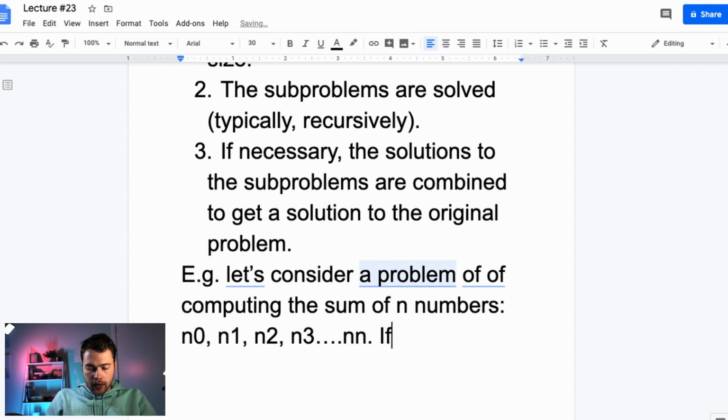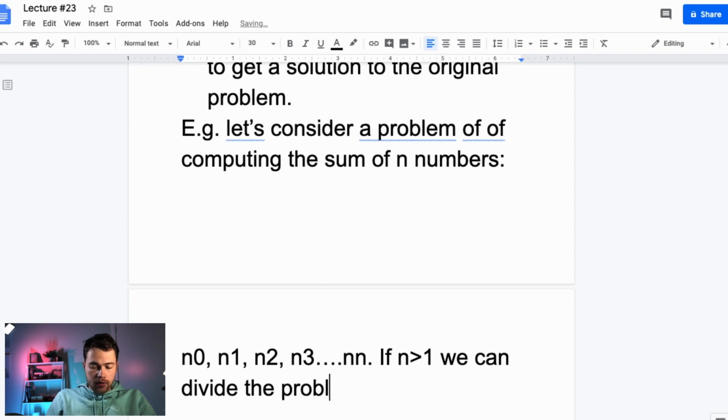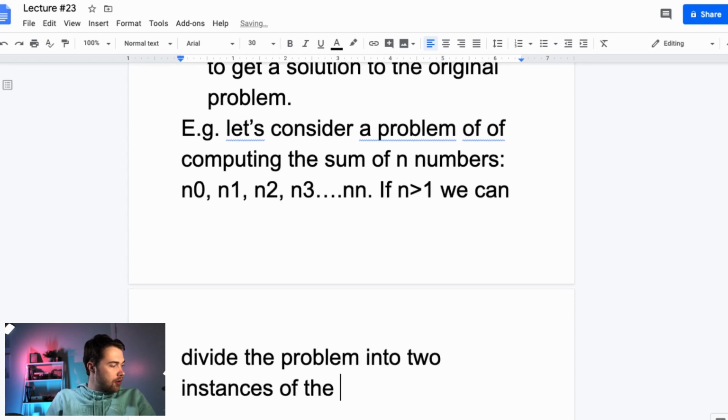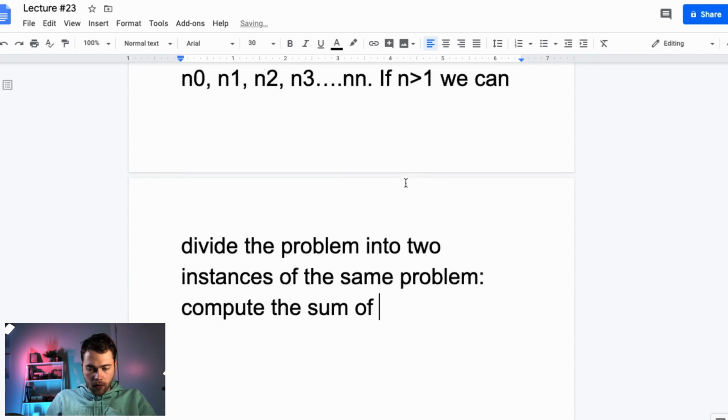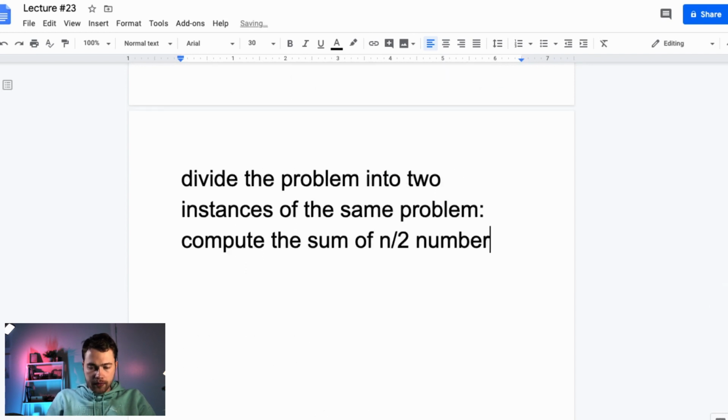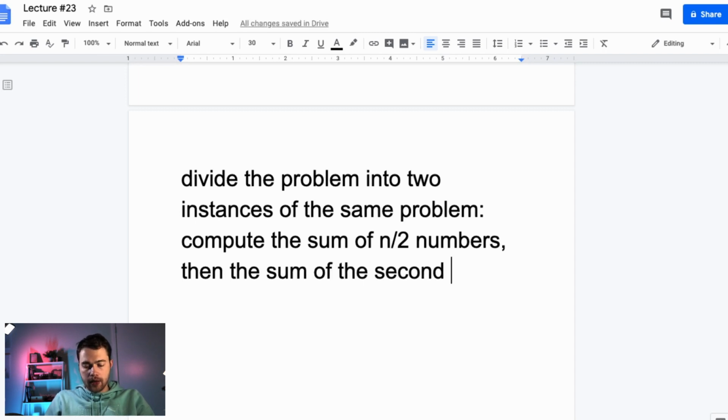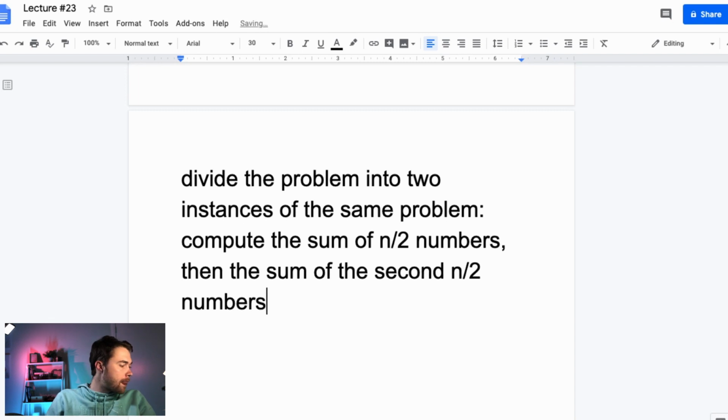If n is greater than 1, we can divide the problem into 2 instances of the same problem: compute the sum of n over 2 numbers, then the sum of the second n over 2 numbers, and add those together.